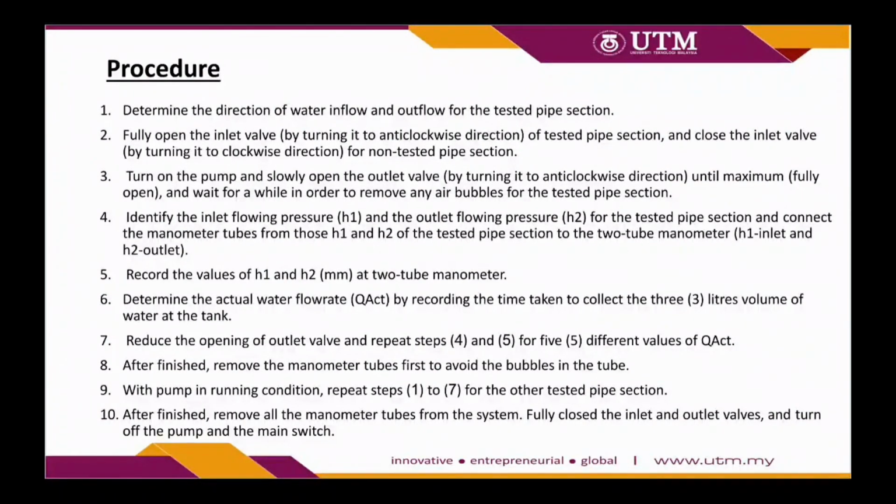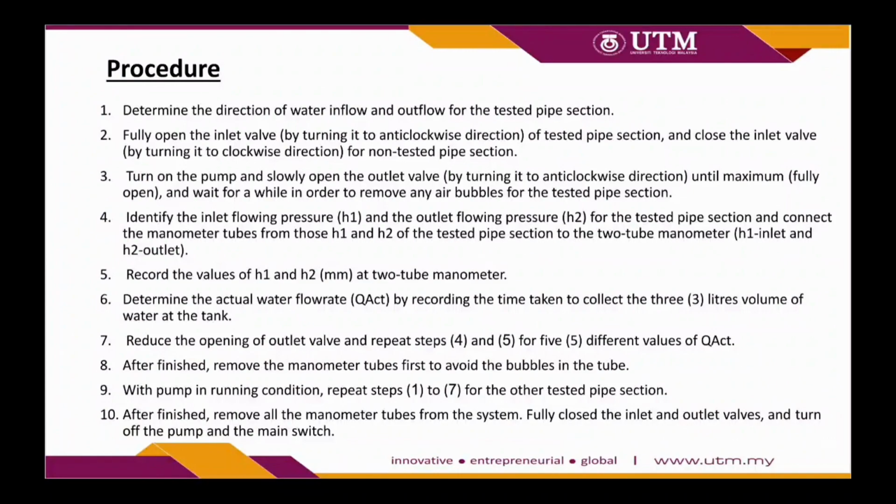Turn on the pump and slowly open the outlet valve by turning it anticlockwise until fully open, and wait for a while in order to remove any air bubbles from the tested pipe section.